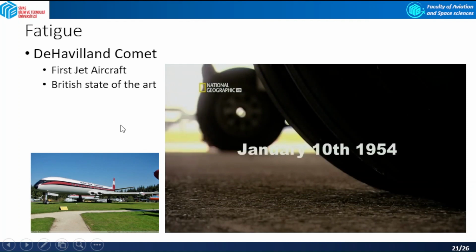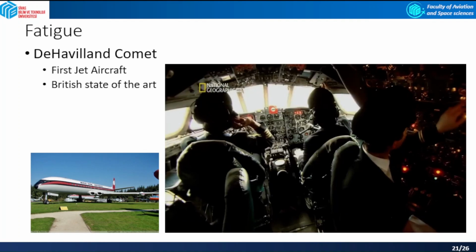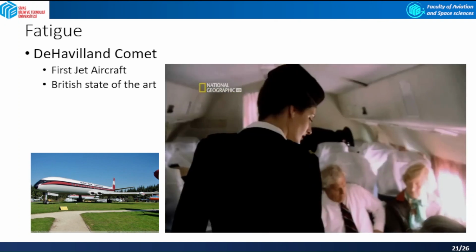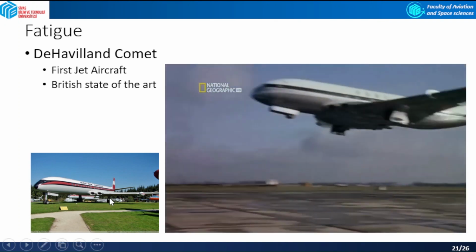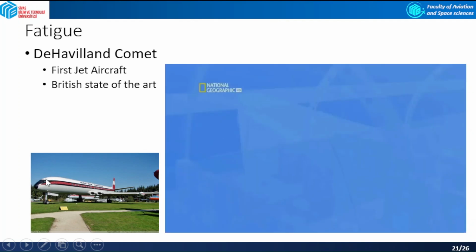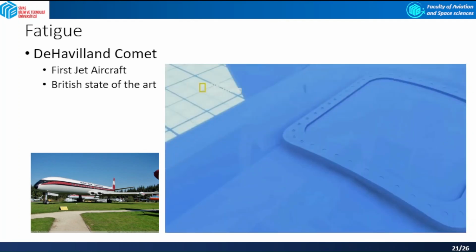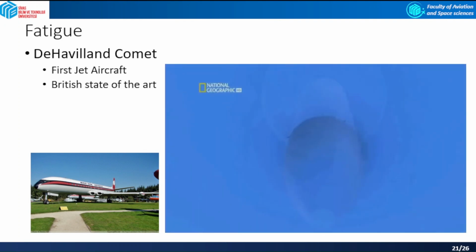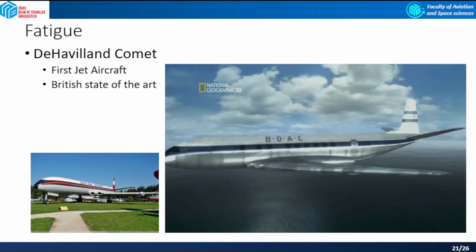10:31 a.m., January 10th, 1954. 26 minutes to disaster. Flight 781 takes off from Rome Airport. The plane is designed with an exceptionally thin aluminium skin. Rivets punched into the aircraft during construction create microscopic manufacturing defects.